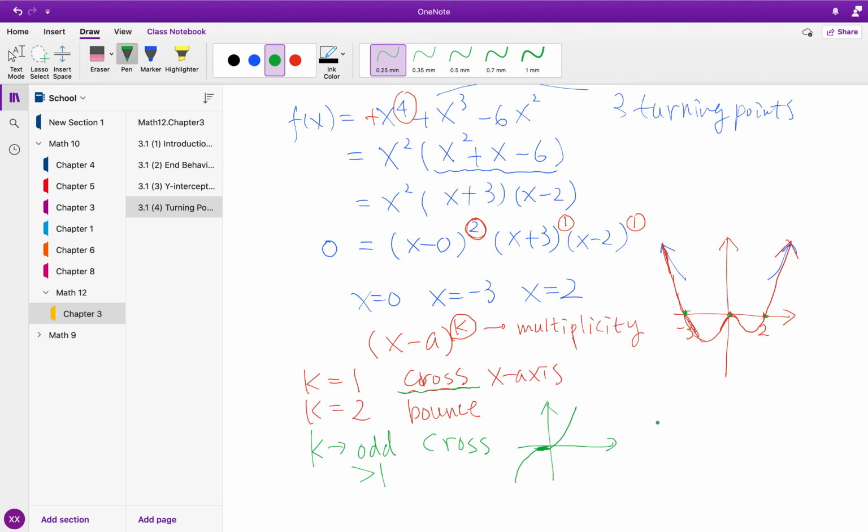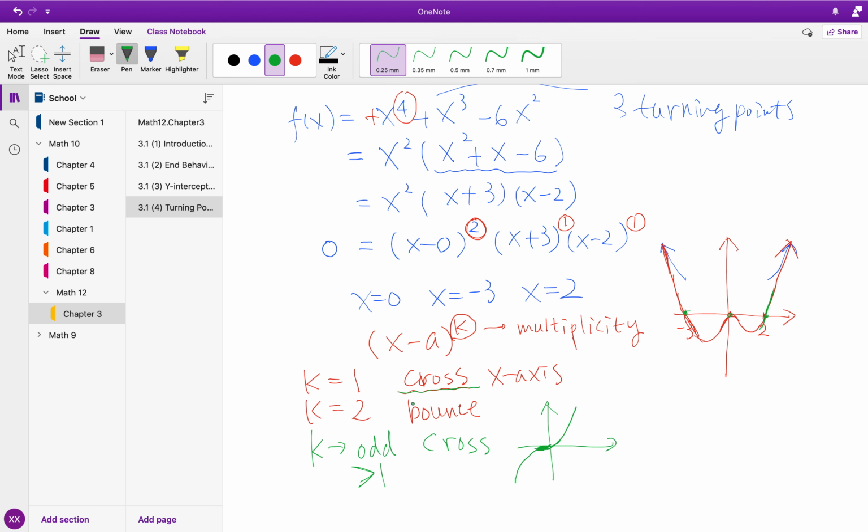It's not like you just cross the x-axis here with a very determined mind. This kind of crossing, where k is larger than 1, has a flattening and then the turn.